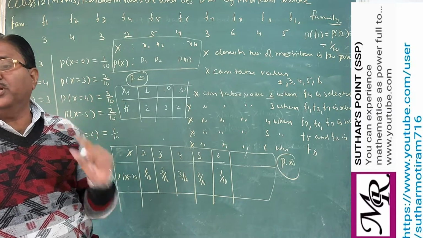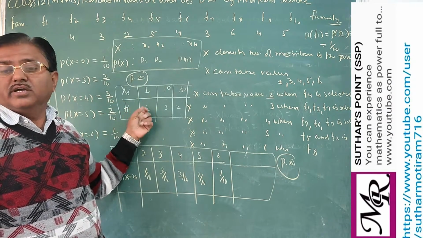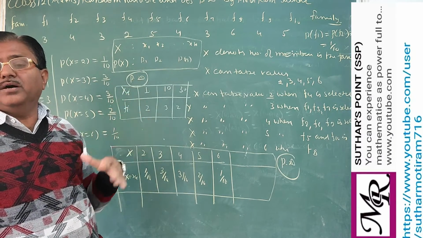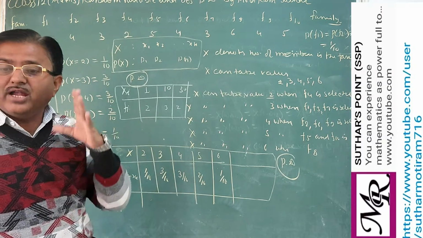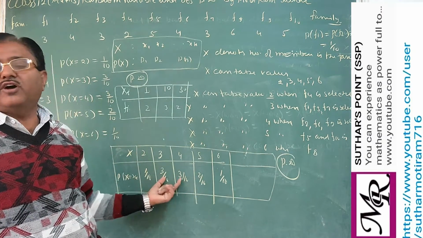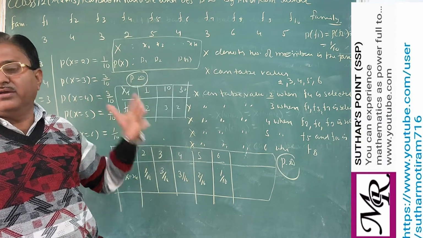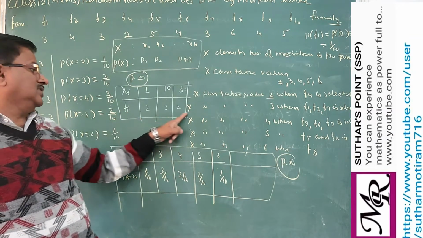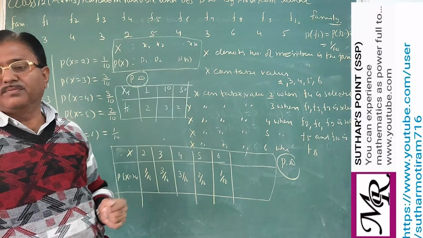Now a very important topic in data analysis is that we have to find the mean and variance of the frequency distribution. That is also very important to find in the case of probability, but it is easier than this one. Why? Because the frequencies may be different or have large values.